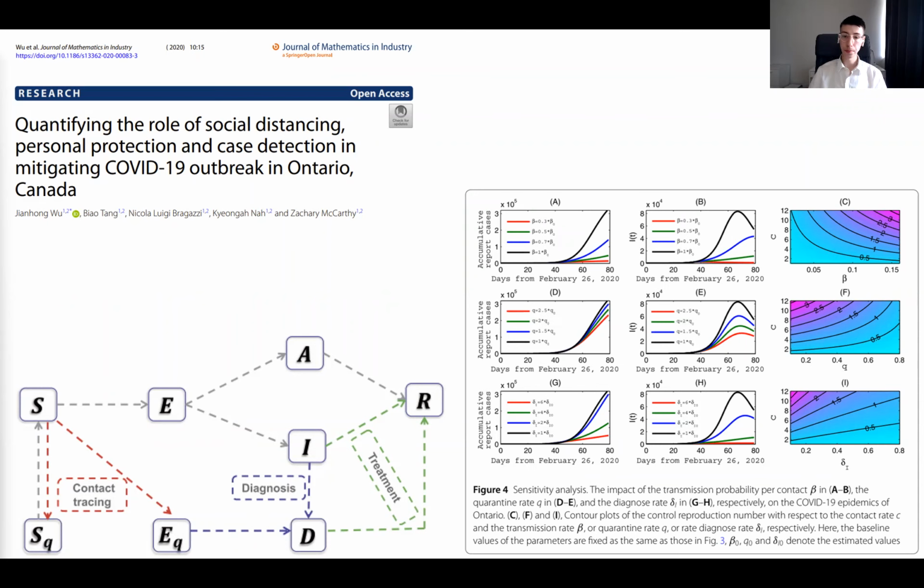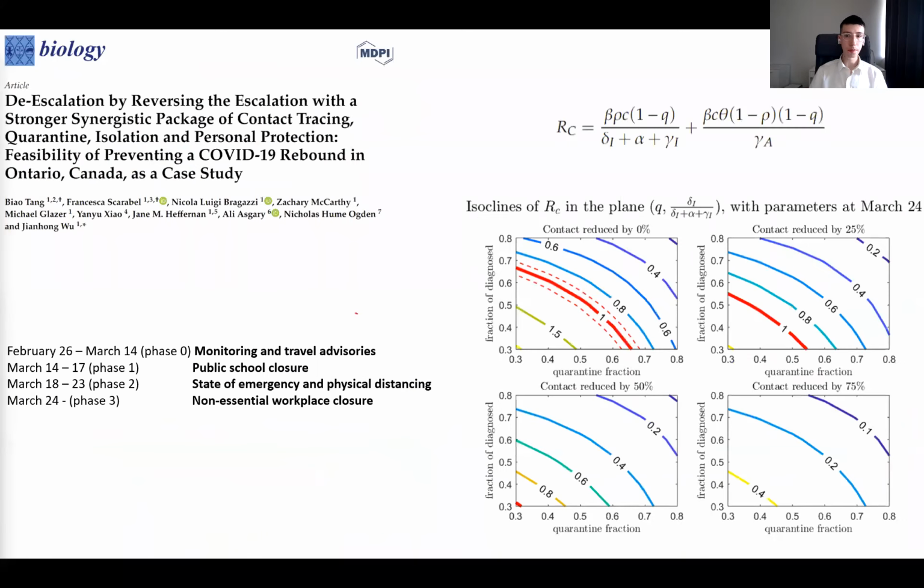This subsequent paper, published in Biology, was written on April 30th. This was about 2 weeks after the peak in cases in Ontario of the first wave.